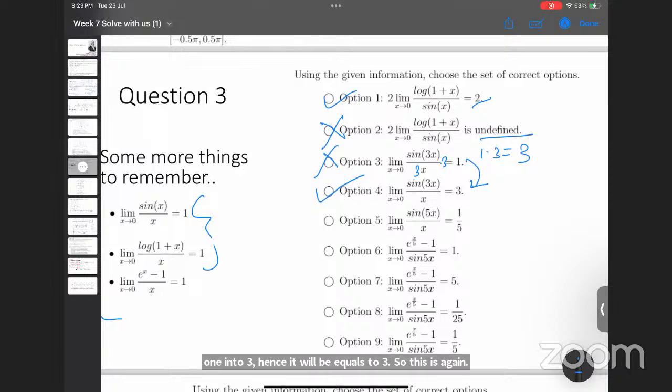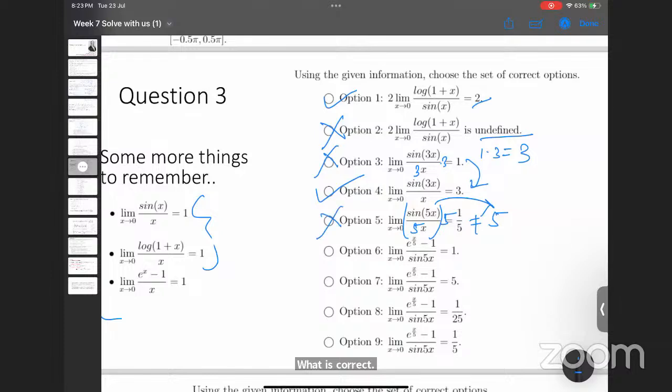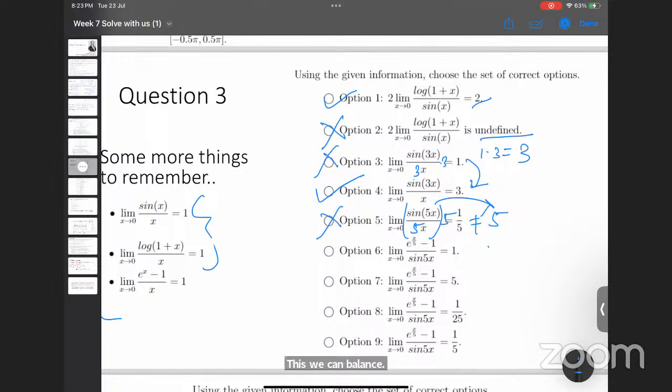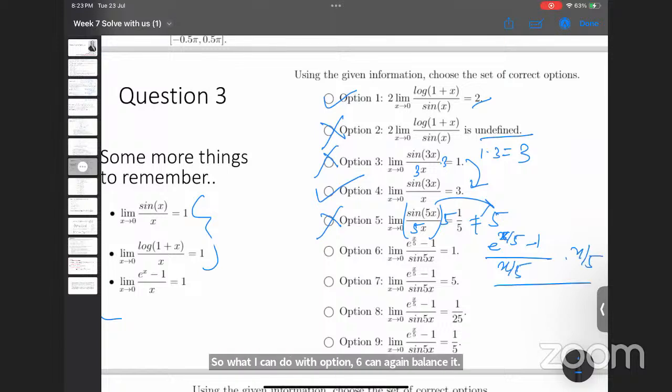What about option 5? Clearly wrong. We can balance this, it will be 5. Option 6 is wrong. What I can do with option 6 is balance it again: x by 5 minus 1 by x by 5 into x by 5 by sine x.